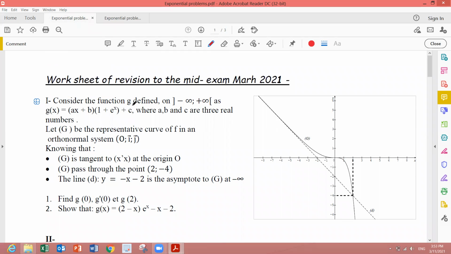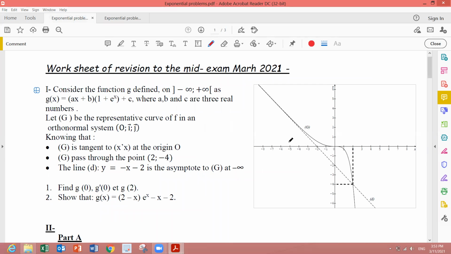We have the function g defined on minus infinity to plus infinity as g(x) equal to (ax plus b) into (1 plus e to the x) plus c, where a, b, and c are three real constants.